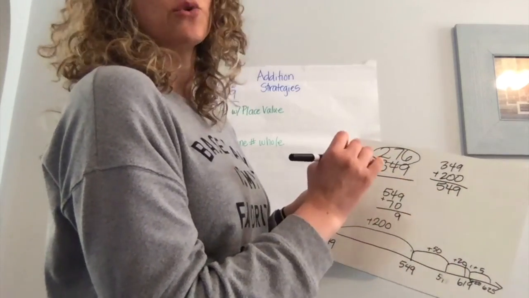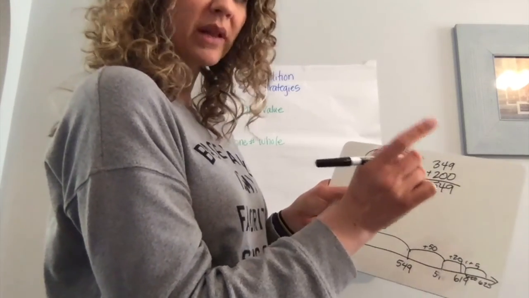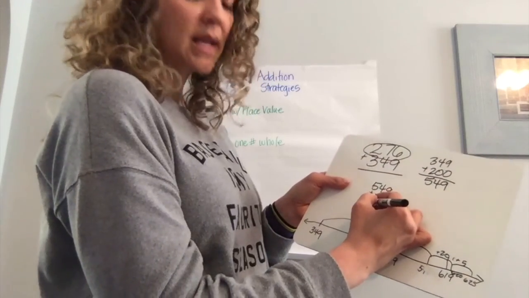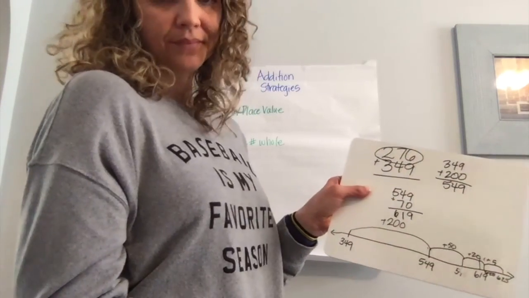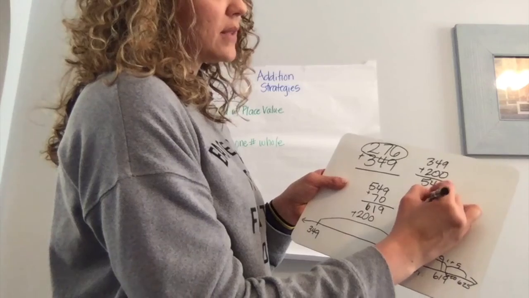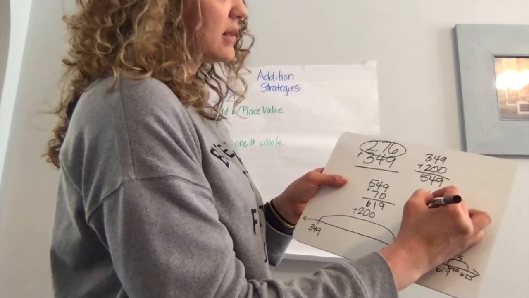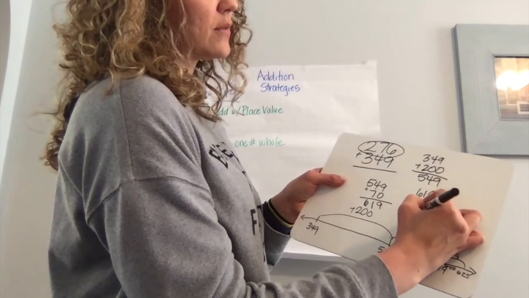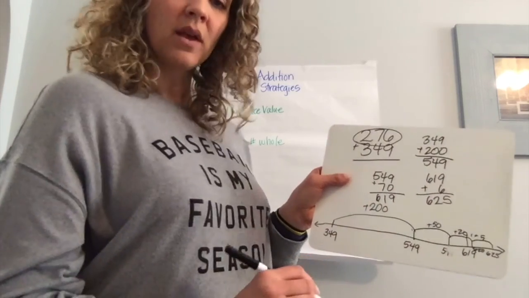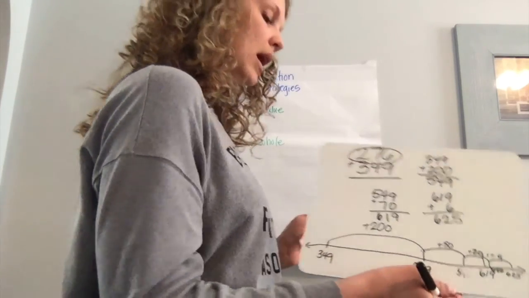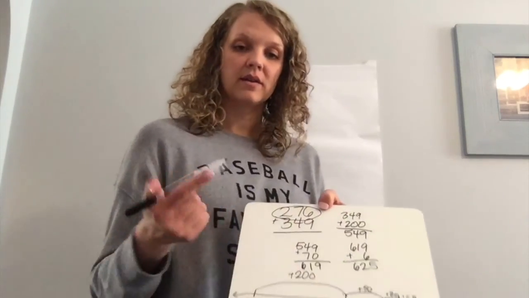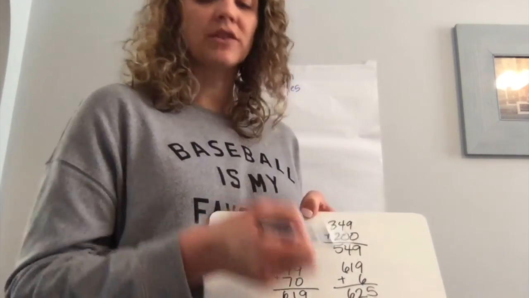Follow me here, 54 plus 7 is 61 tens. There's that. And then we would have 619 plus 6, which gives us 625. Okay? All right, so a lot of that I have to do mentally when I'm just writing the mathematics.